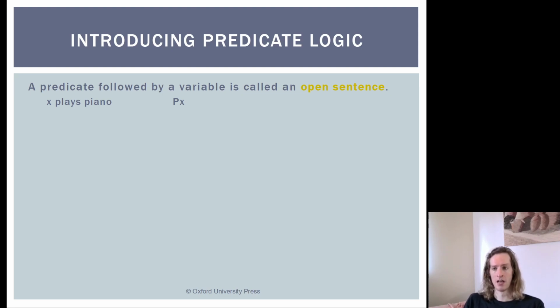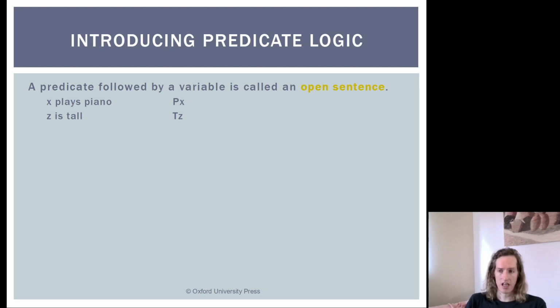It just means x plays piano. There is a thing, x, that plays the piano. Now, we don't know what it is. We haven't specified what x is, but we have specified that there is just something that plays piano.